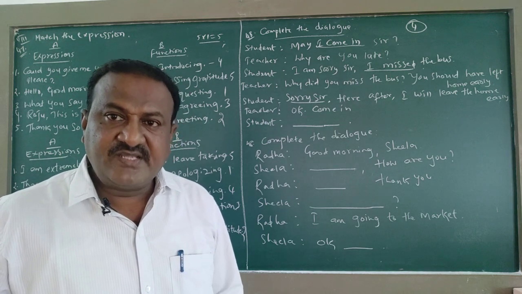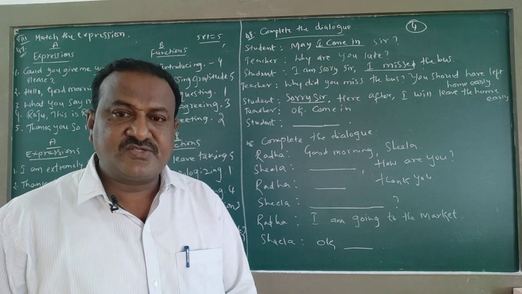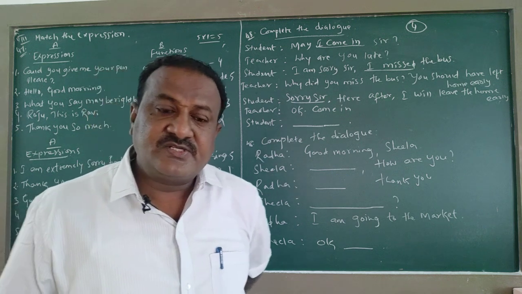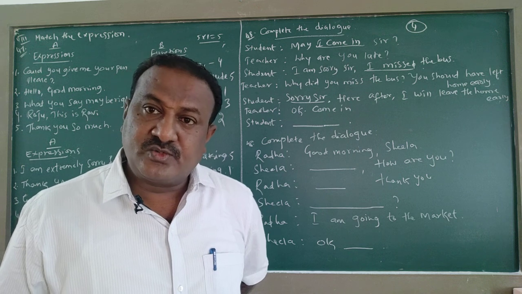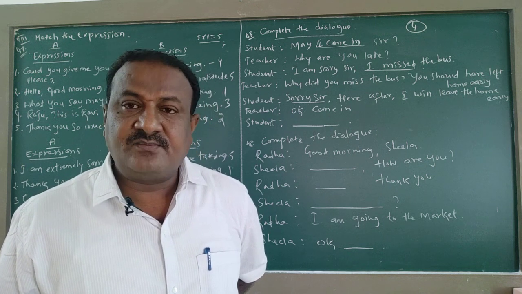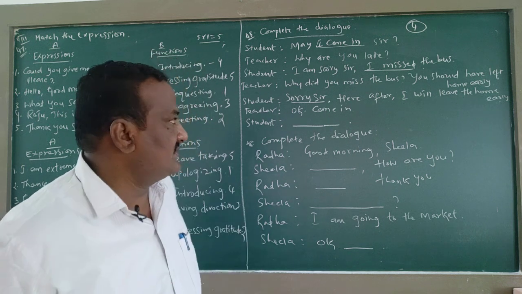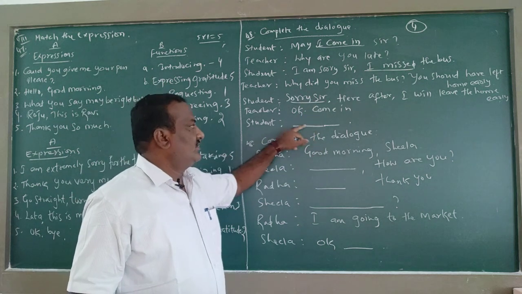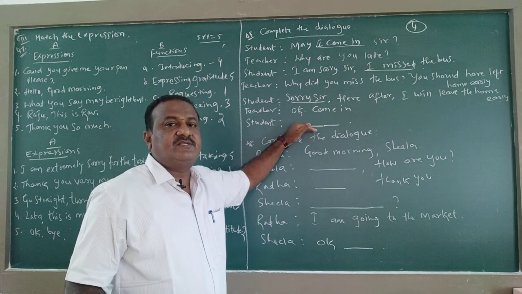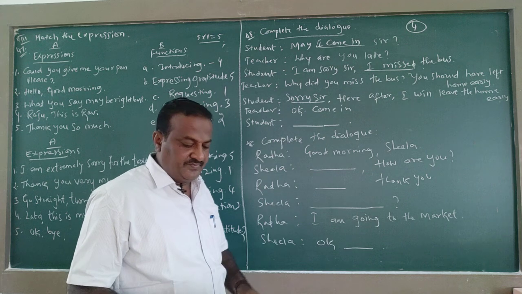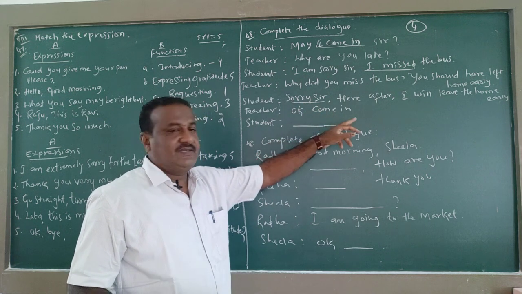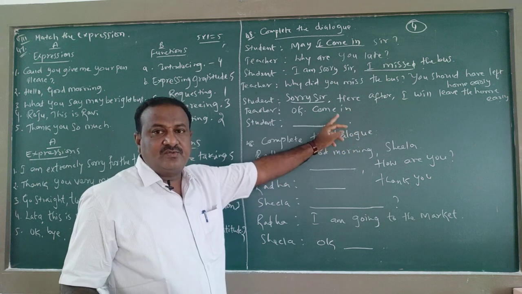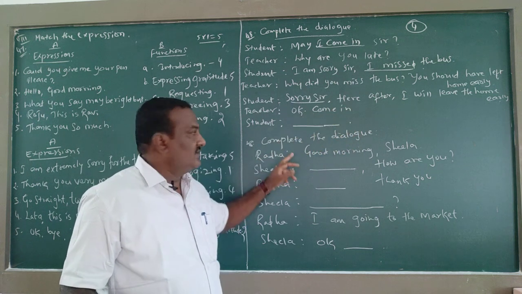Already they will be given the situation. Here, what is the situation? A conversation, a dialogue between a teacher and the student who has come late to the class. Even they will be given what will be there, and in this blank we have to write it. So, hereafter, sorry sir, hereafter I will leave home early.